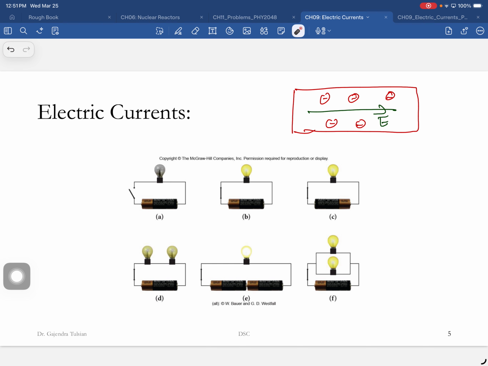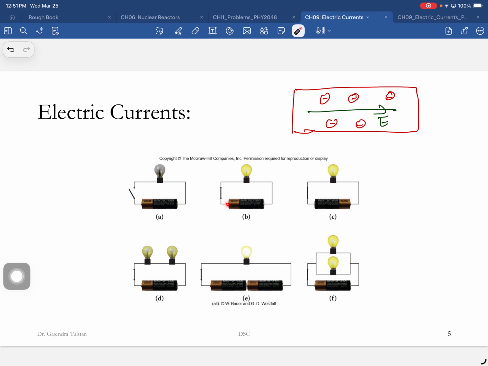All right, so now let's look at it from an electrical perspective. You close the switch, and you see this bulb lights up. In this diagram, this is the positive terminal, and there's a negative terminal. Historically, we say that current flows in this direction, but what really is happening is electrons are flowing in the other direction.